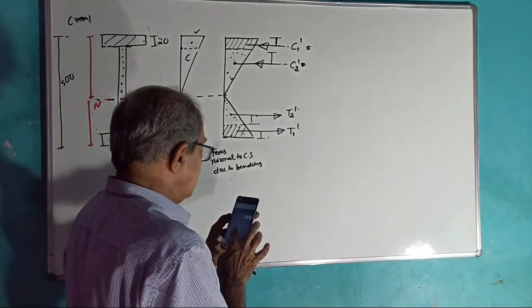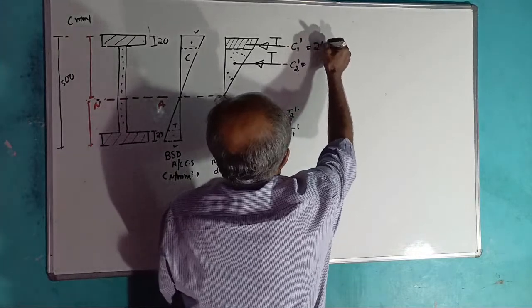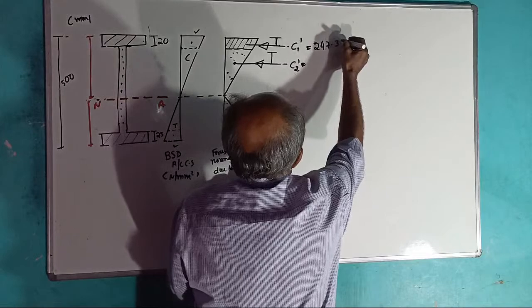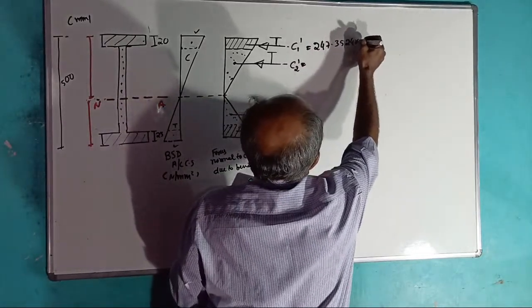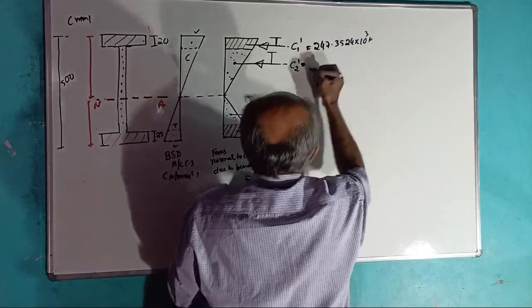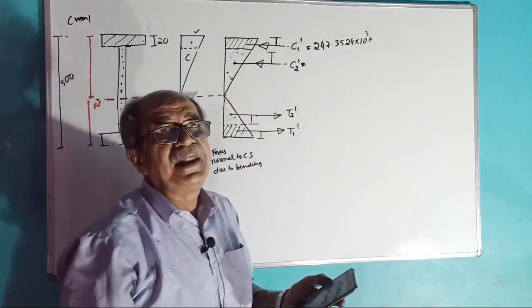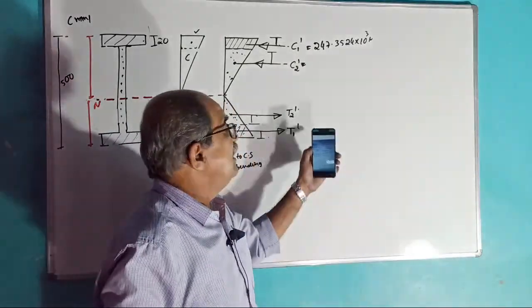See, C1 dash is 247.3524 × 10^3 Newton. C2 dash is, I am seeing, I am not seeing a written paper, I am seeing the display of the last class, which is already over.